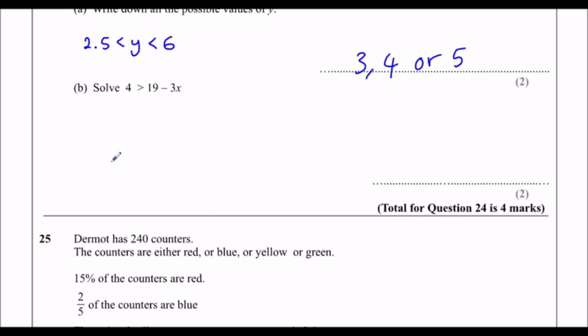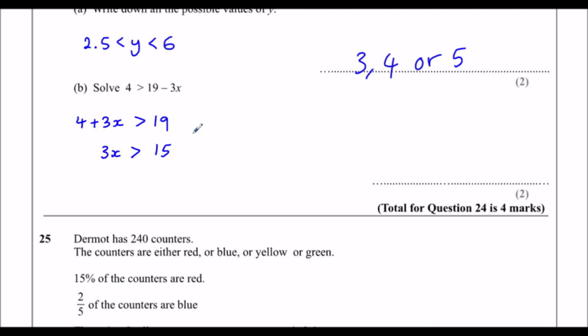So we can avoid flipping the sign over by making our unknown positive. So if we plus 3x to both sides, we'll have 4 plus 3x is bigger than 19. Then take away 4 from both sides. 3x is bigger than 15.